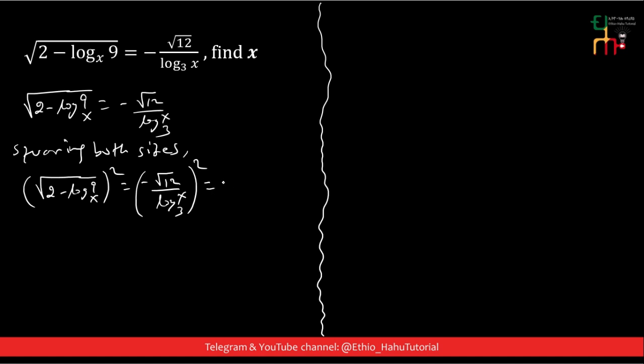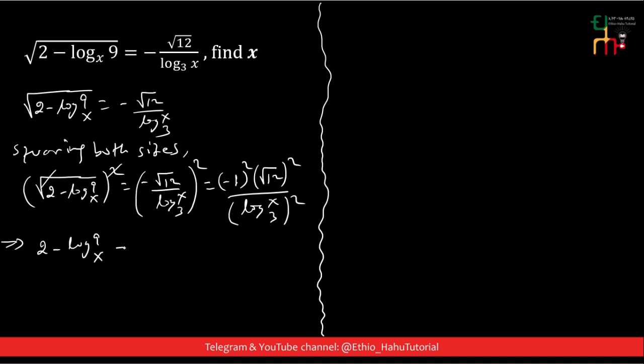This implies minus 1 squared times radical 12 squared divided by logarithm of x to the base 3 squared. These cancel, so we have 2 minus logarithm of 9 to the base x is equal to minus 1 squared, which is 1, times 12 over logarithm of x to the base 3 squared.